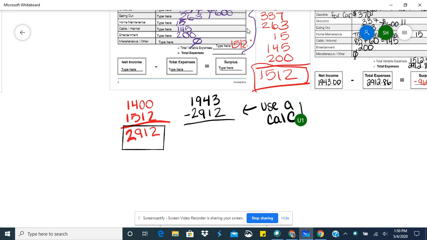So, now we're at a big old negative number, right? Negative 969, I believe. I just did that math in my head, so please give me one moment.